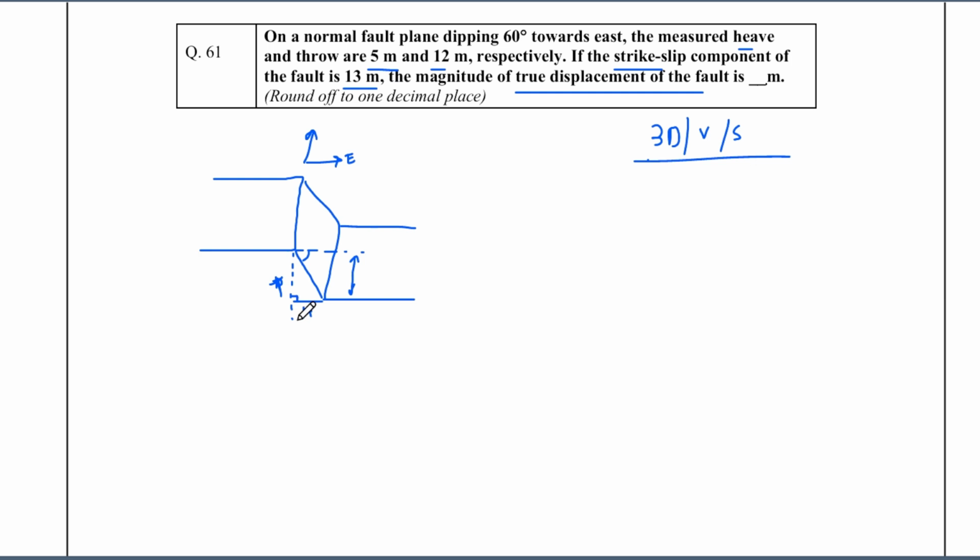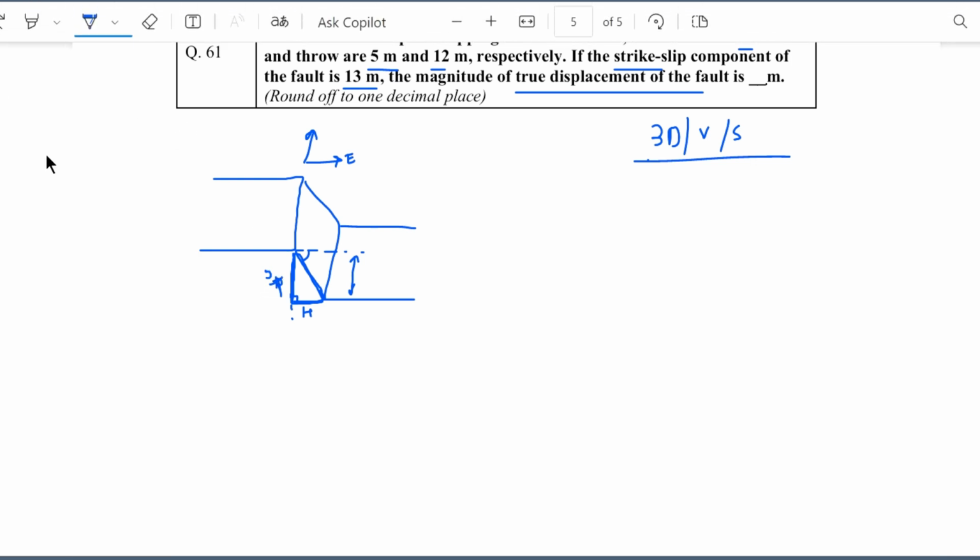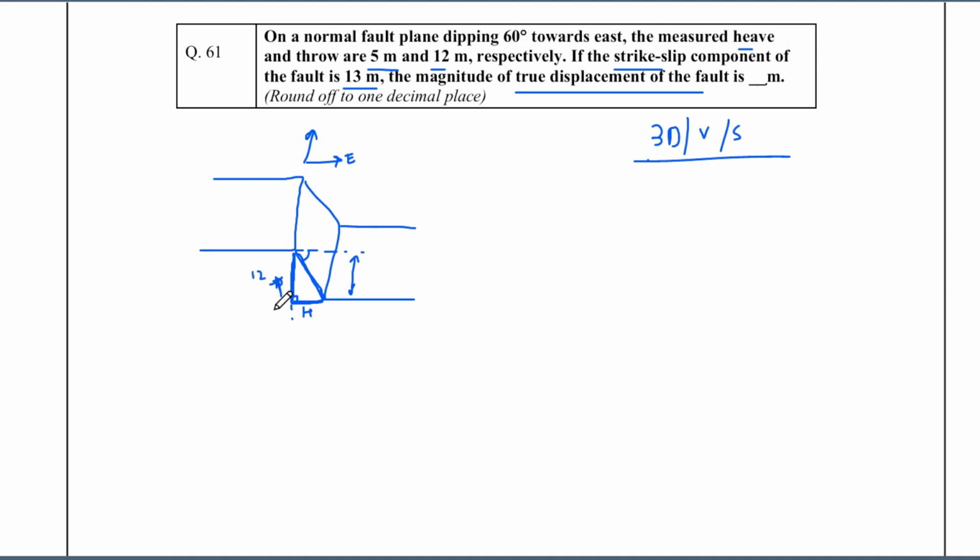Both are making a 90-degree angle. Our throw is 12 and our heave is 5.